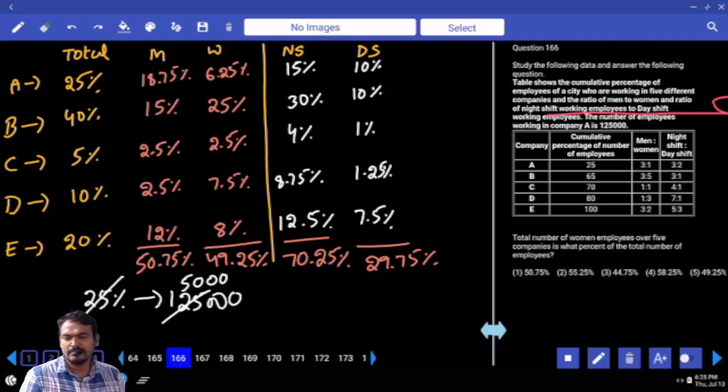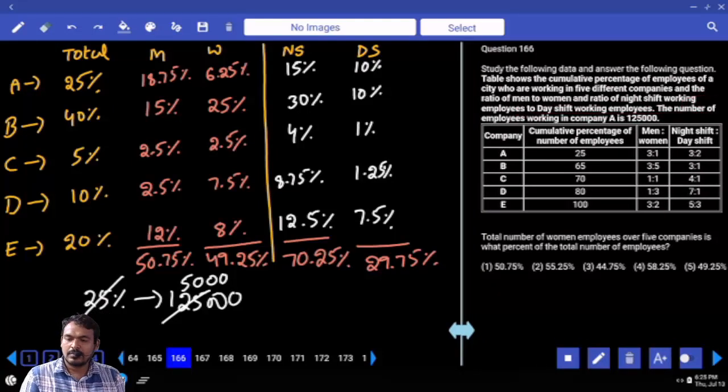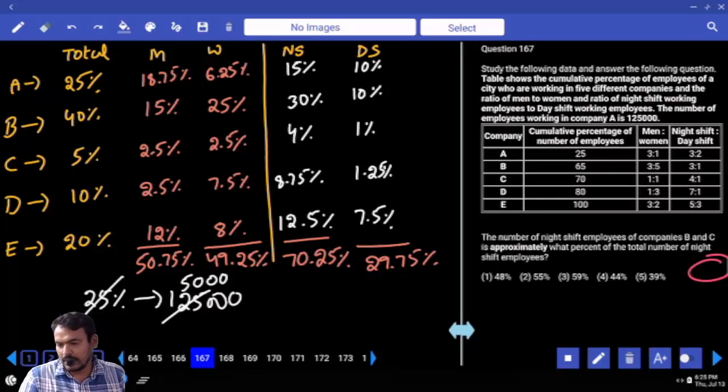Okay. What is the first question? The number of women employees over 5 companies is what percentage of the total number of employees? What is the answer? 49.25. What is question 167? The number of night shift employees of companies B and C is approximately what percent of the total number of night shift employees?